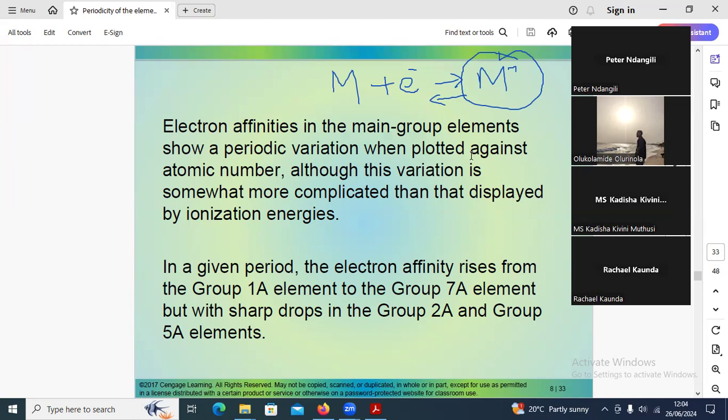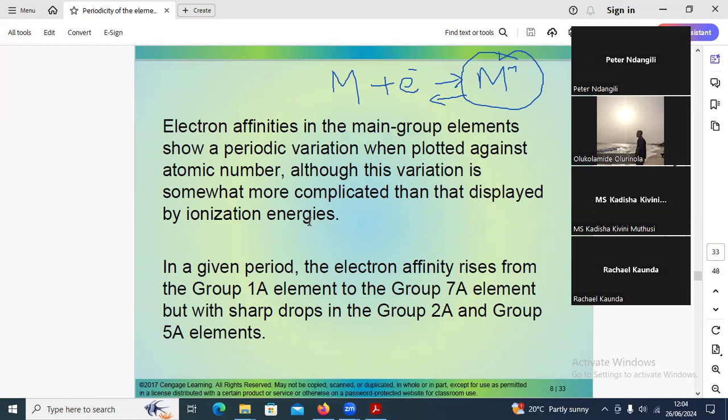So we are talking about the main group elements, and I say that the main group elements are the S and the P block elements. Their electron affinities show a periodic variation when plotted against the atomic number, although this variation is somewhat more complicated than it may be displayed for the ionization energies.